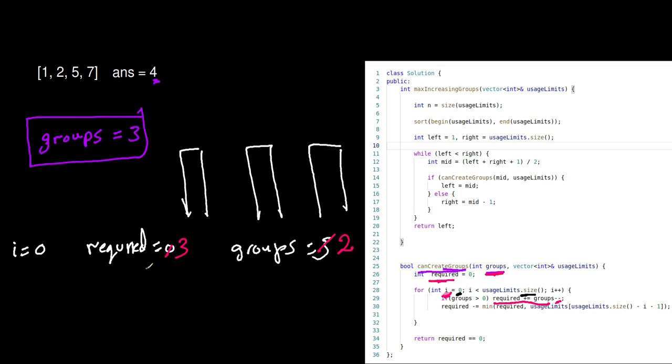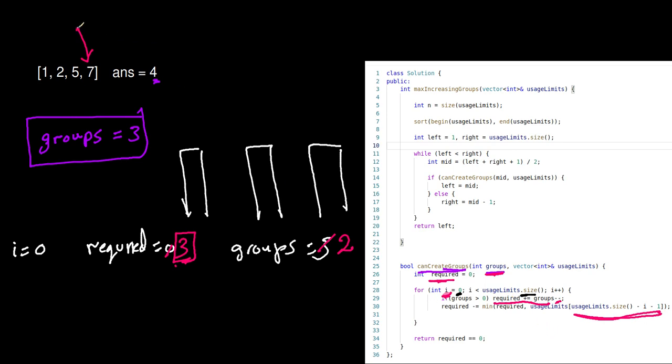Now what does that mean? We need 3 elements at this iteration, and these 3 elements we will distribute among all the groups, and the best option to take 3 elements is to go to the maximum value in the array, and the maximum value is the last element in the array.